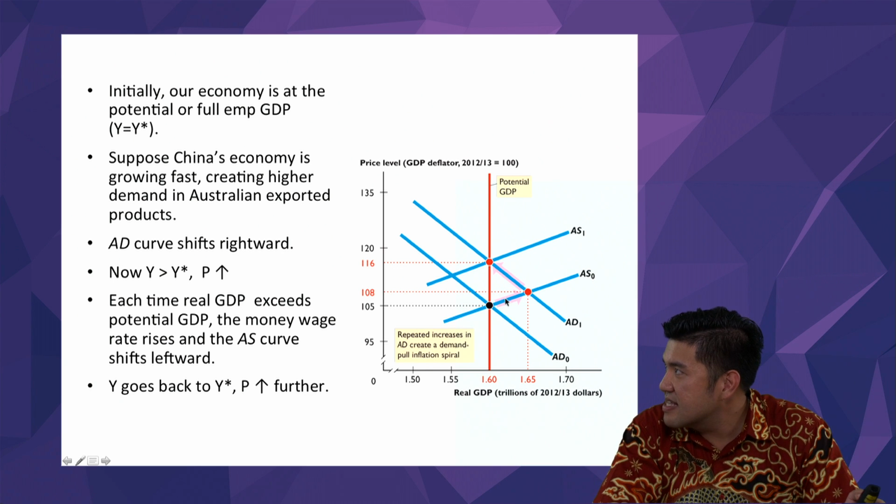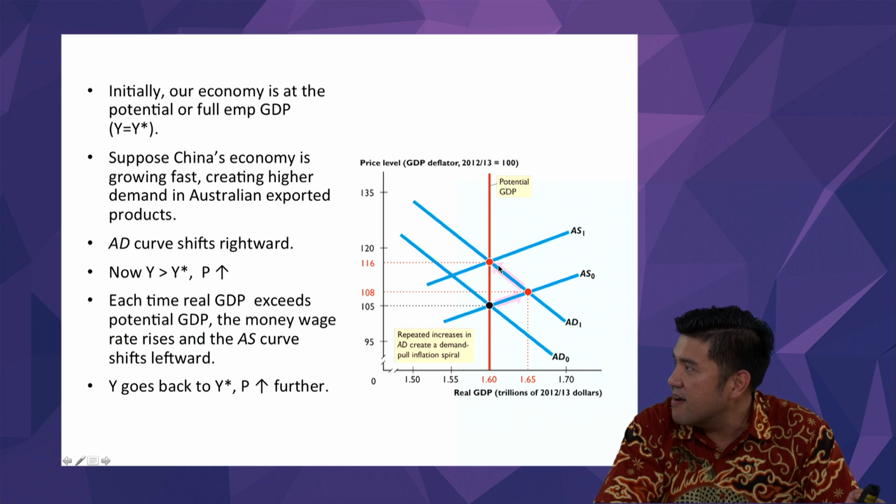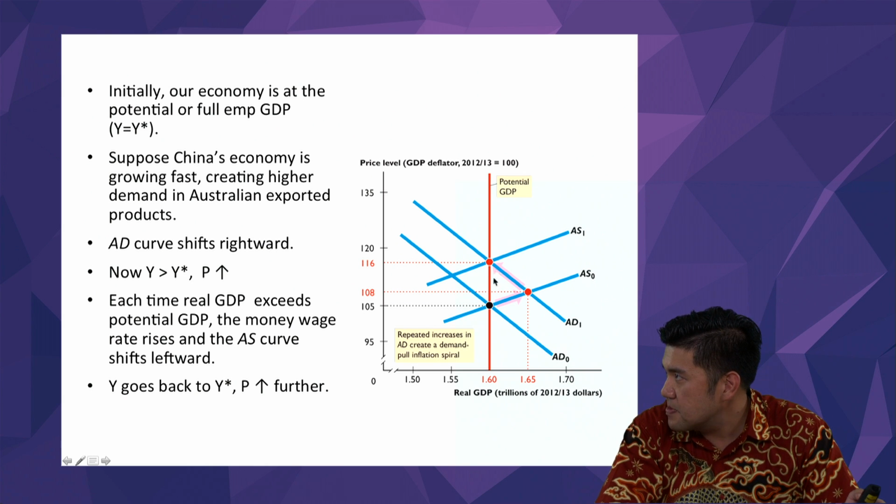See, we had a demand pull inflation, but it doesn't stop there. Price will go up even further as the AS curve is shifting to the left for the very reason that I just mentioned to you. Okay, so at the end of the day, Y goes back to Y star or YFE, and price increases even further.